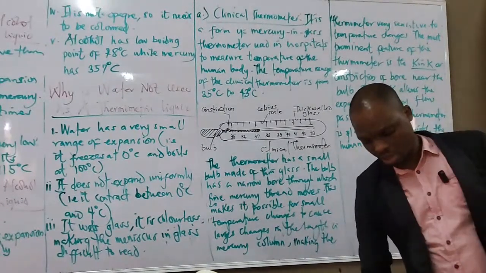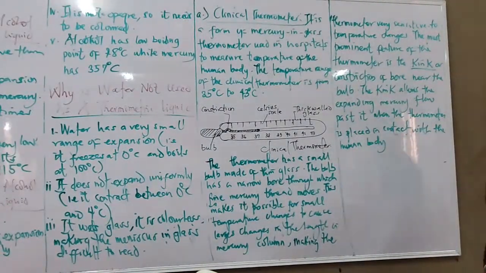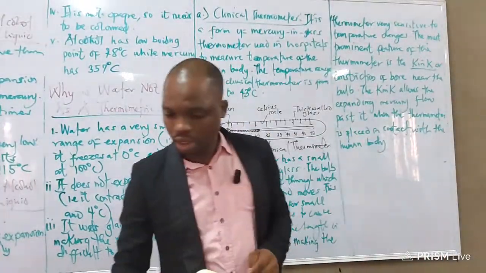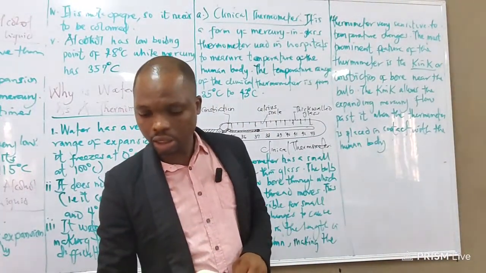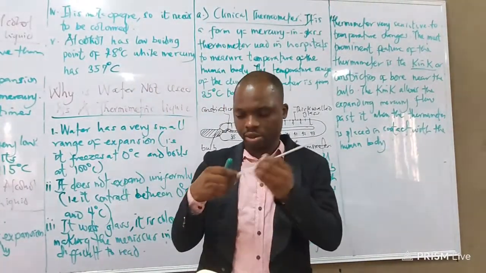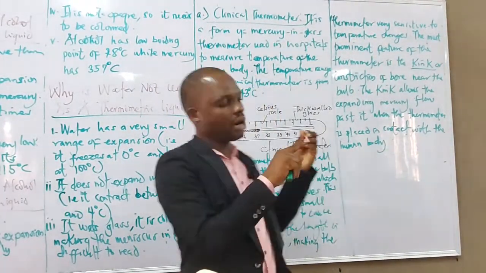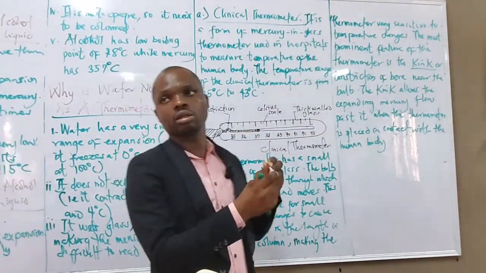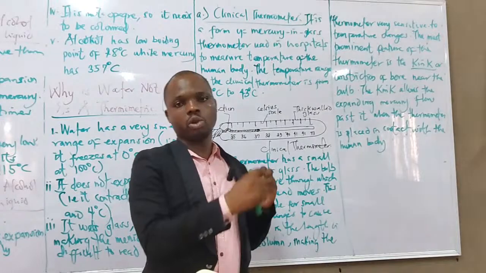Another type of liquid in glass thermometer is the six maximum and minimum. Let's look at the kink. For the clinical thermometer, there is a small constriction around there. This is the bulb part of the mercury.